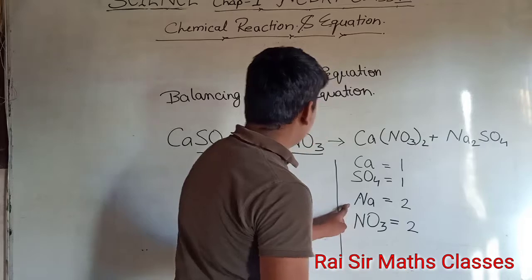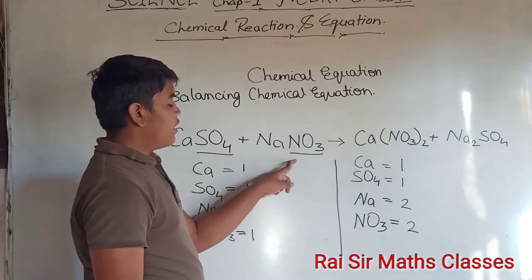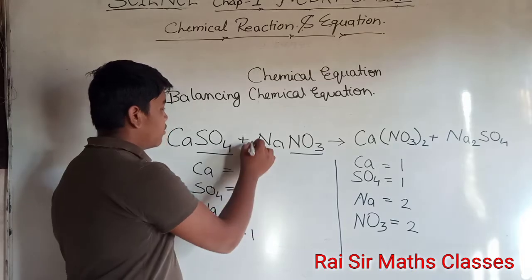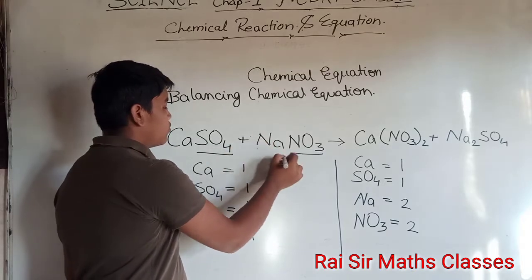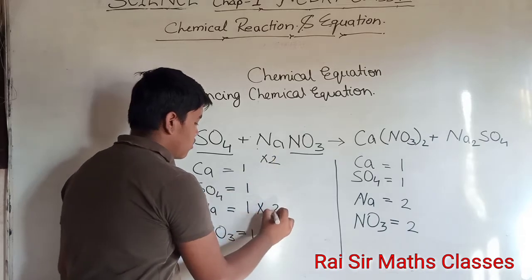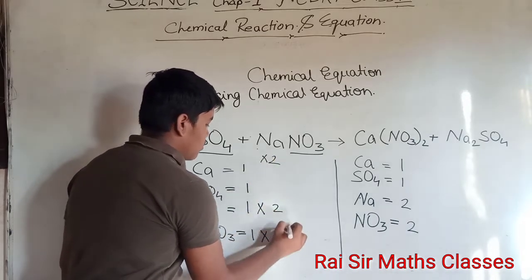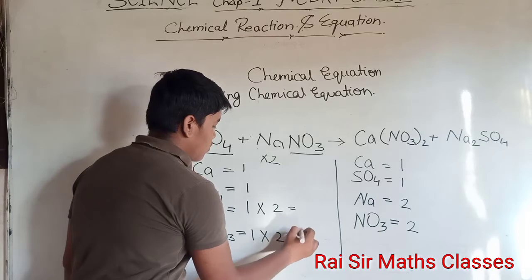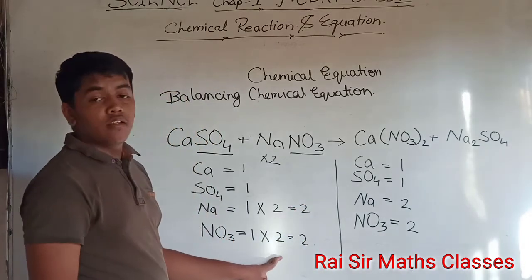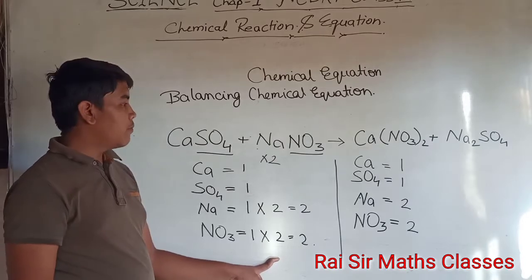Now we can see that Na and NO3 we have to make constant, so we multiply this whole term by 2. So our equation is going to be balanced.